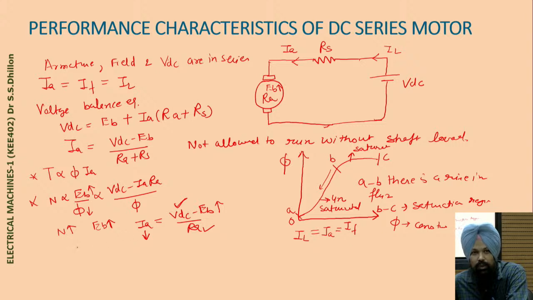Due to that, our flux comes back to the unsaturated region, and we can't control the speed, and the speed of the motor rises to a dangerously high level.